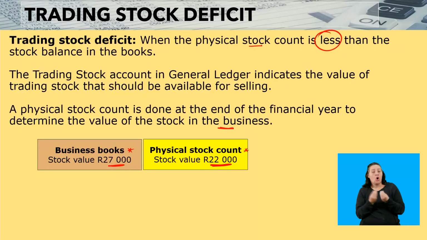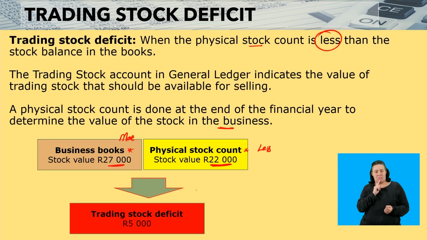Here the stock in the business books is more and the physical stock count is less. Therefore, we're going to have a trading stock deficit, and the deficit is 5,000.